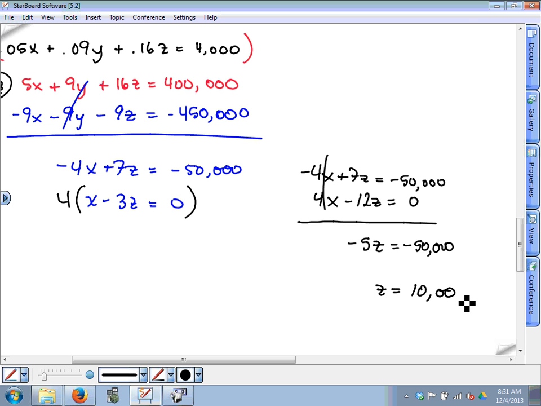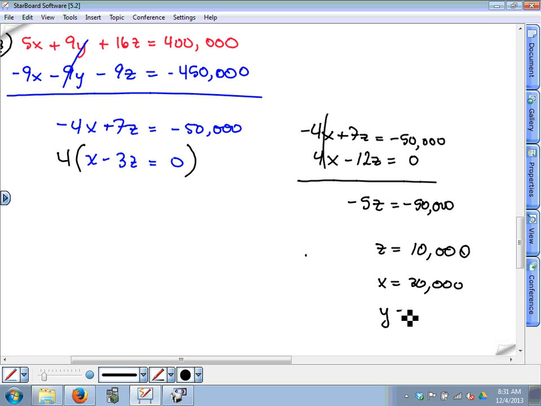Z is equal to 10,000. So Kyle, your guess was right. Now, if he invests 3 times as much into money market as high tech, because this is the high tech fund, how much is he going to invest in money market? So that's x. X is equal to 30,000. And he only has $50,000 to go around. He's already used 40,000. So y has to be 10,000.